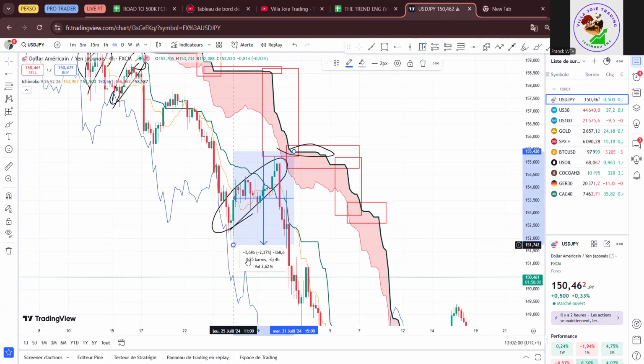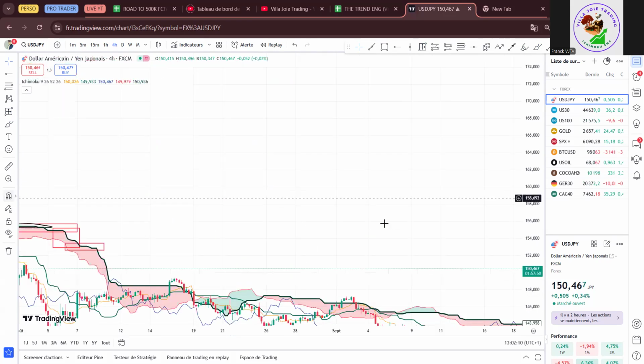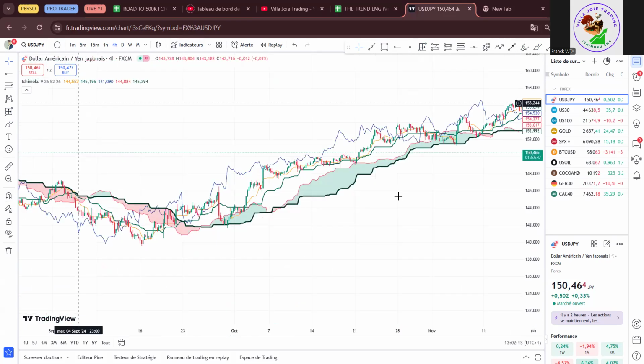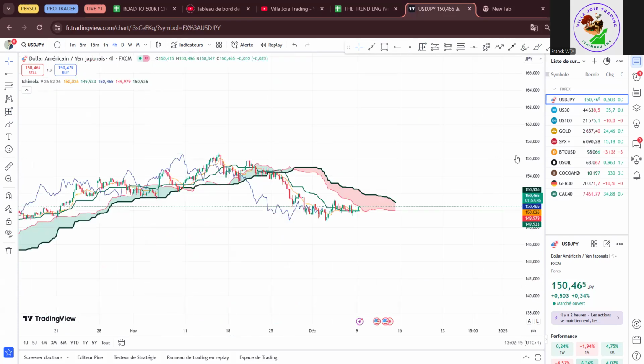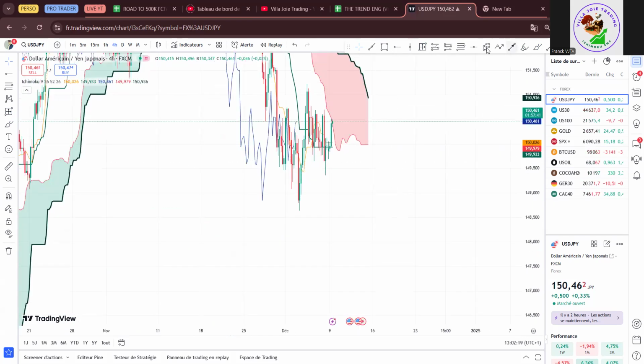How do I know that those are candles? If you see very well here, you see 25 bars. Bars means candles. Since the Ishimoku cloud is advanced in front by 26 candles, like this. You see this? This is the Ishimoku cloud.